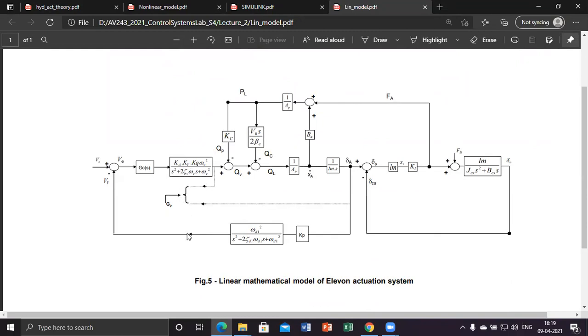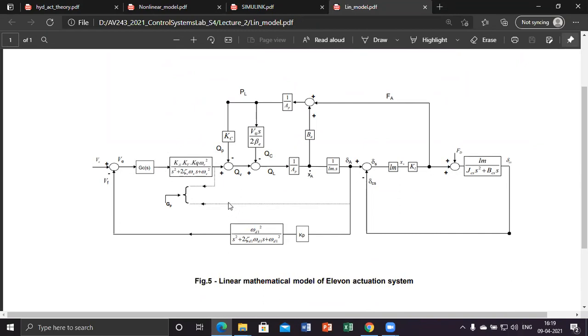And we are defining various transfer functions. This is the input V reference, V command, V feedback, the compensator, and the servo valve Ka, Kv, all these portions are there, which are the equivalent transfer functions of the driving element.